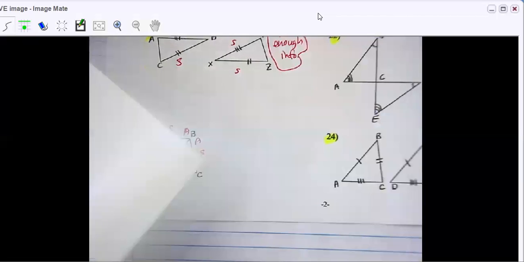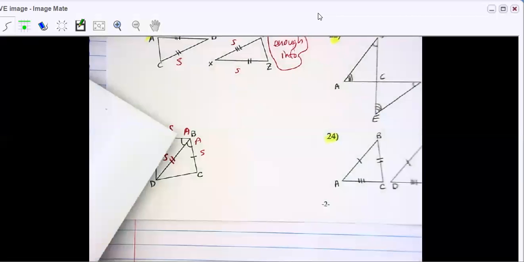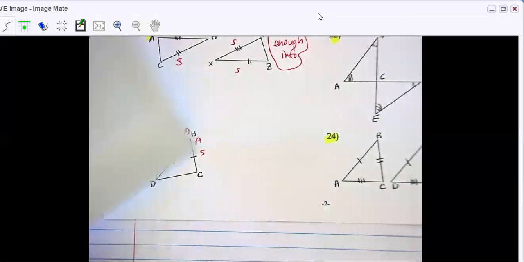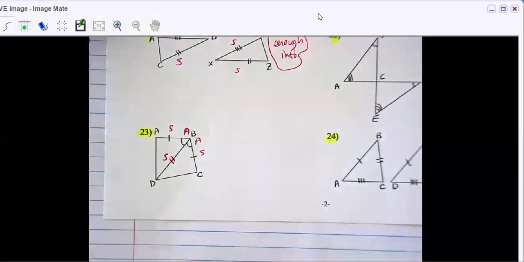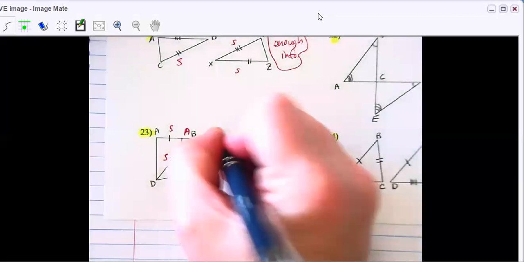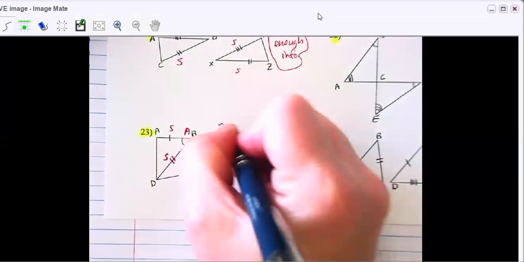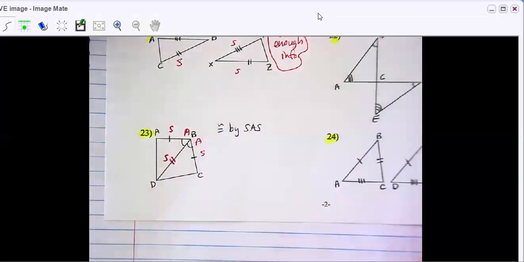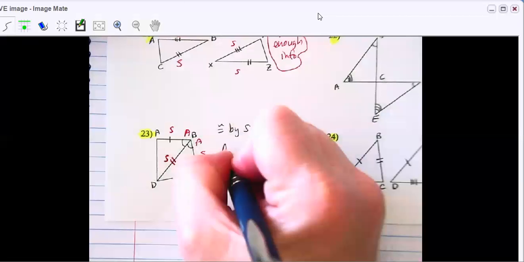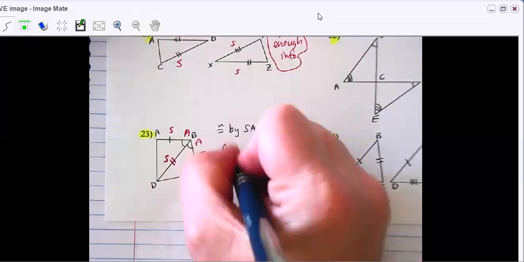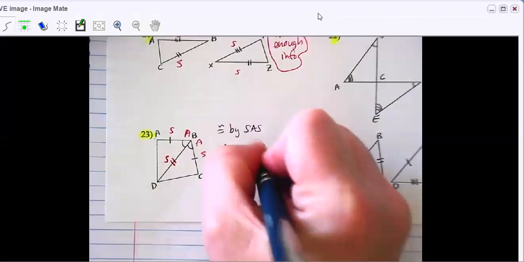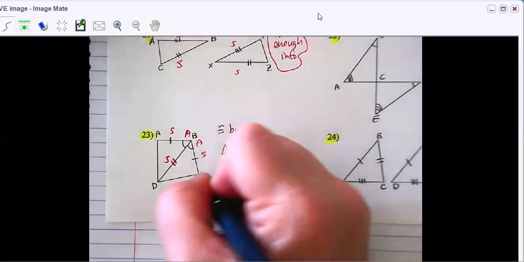Looking at the lower or right triangle, I would have side, angle, side. So they match, and they're a reason that we can use. So these would be congruent by side, angle, side. And then we get to label our triangles. So triangle ABD would be congruent to CBD.